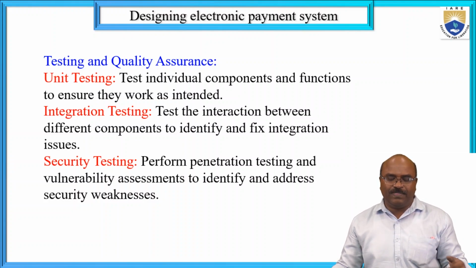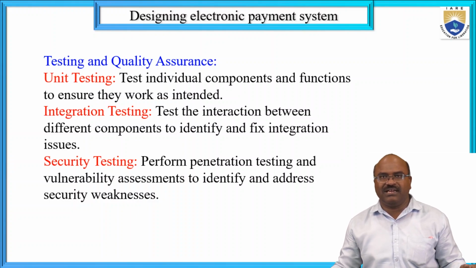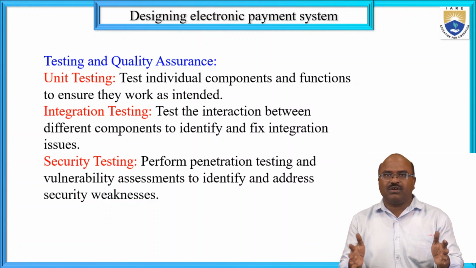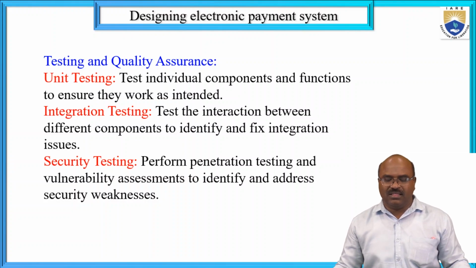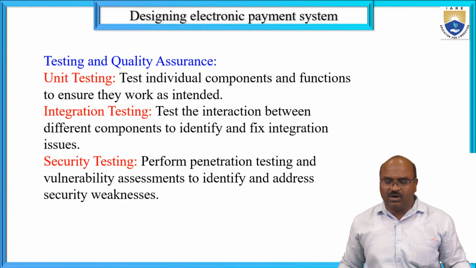Then we can apply integration testing. What is integration testing? It is a combination of the unit tests, the concatenation of unit tests. Here, test the interaction between different components to identify and fix integration issues.